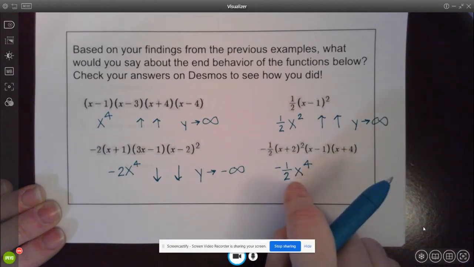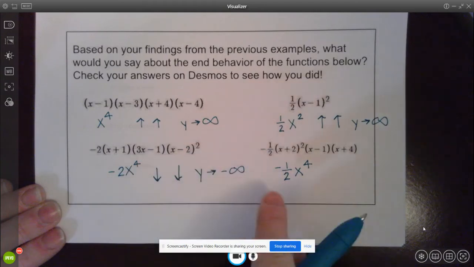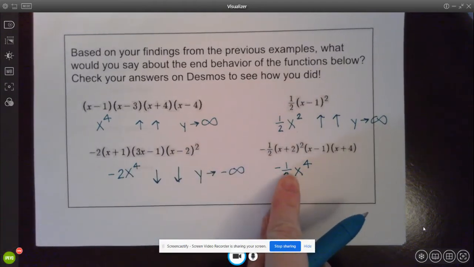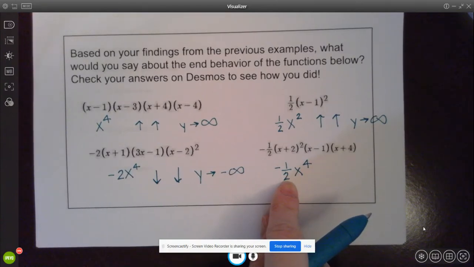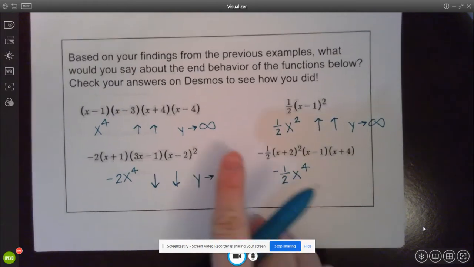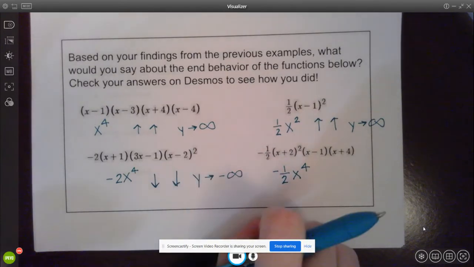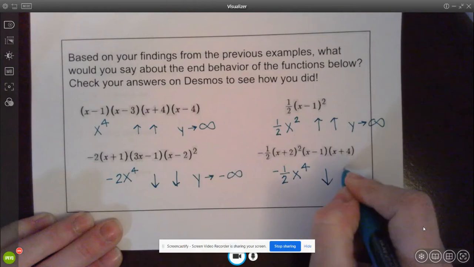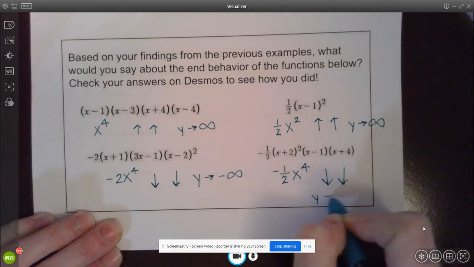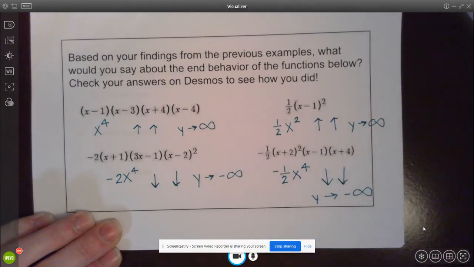Similar to what we just talked about over here, even though I have a 1/2, that is my horizontal stretch, I'm making my graph wider, but it's reflected from this original idea that we had with x to the 4th. So this is going to be down and down, and my y values are heading to negative infinity.